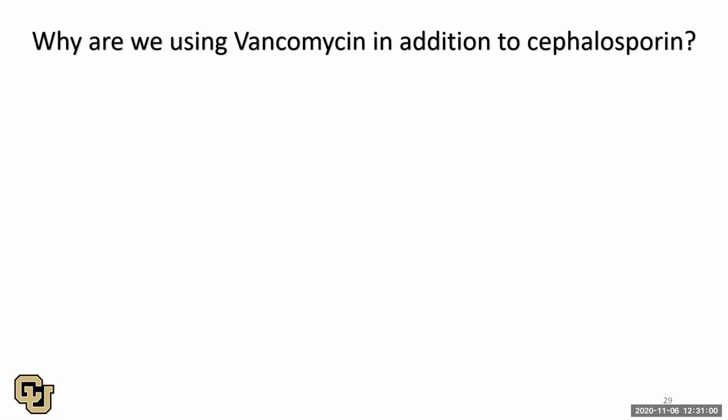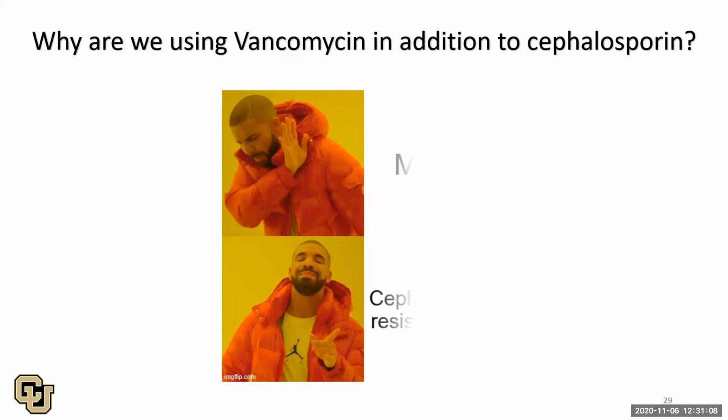Okay, so one last thing here, which is why we are using vancomycin in addition to a cephalosporin. This is just to remind you guys that while we most commonly use vancomycin for MRSA coverage, and yes, you get the benefit of MRSA coverage in meningitis if the person has MRSA meningitis, which is not very common, we're actually using it for cephalosporin-resistant streptococcus.